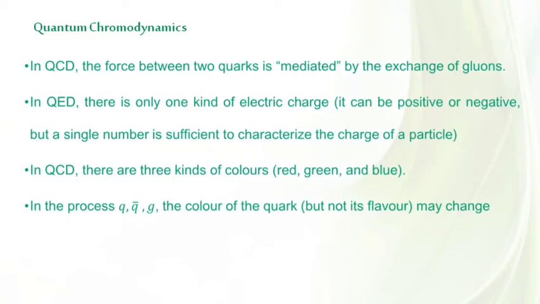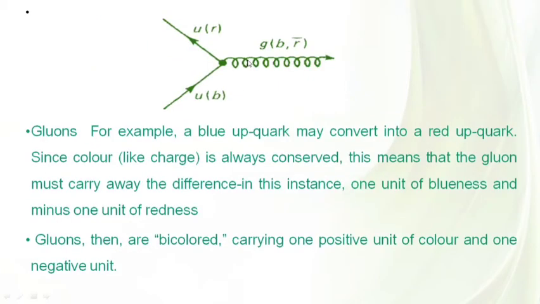You can see in this Feynman diagram one half quark, which is blue in color, goes in this direction, and interacts with a gluon, which is bicolored, because the gluon has to have both colors. To conserve the color, we have to make it negative and positive.